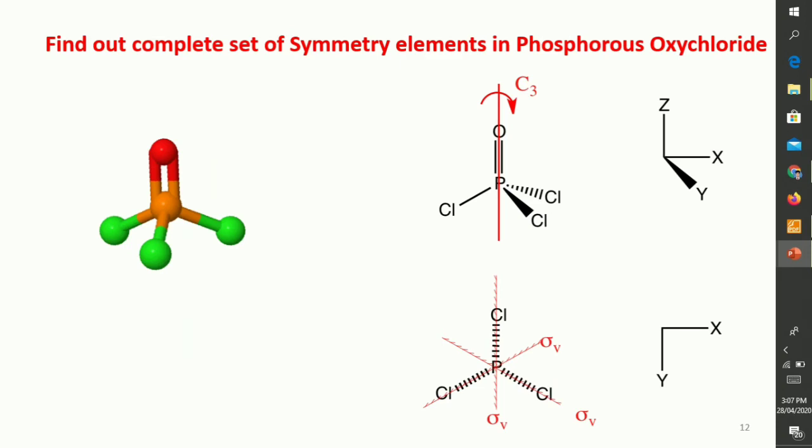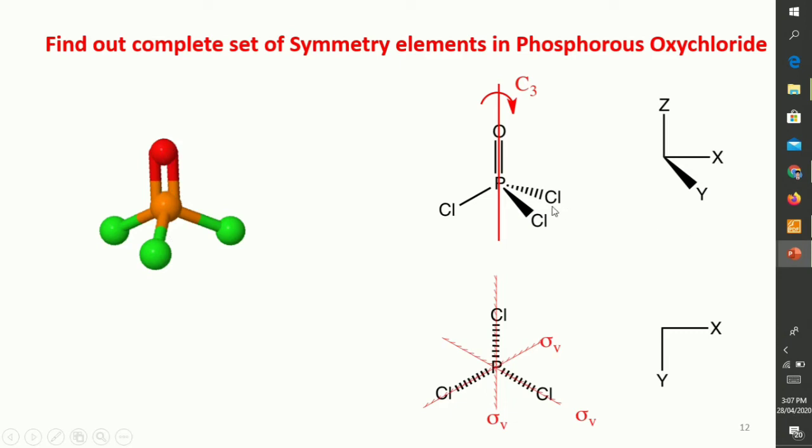Next is to find out the set of symmetry elements in phosphorus oxychloride, POCl3. So this is quite an interesting molecule, POCl3. It's similar to NH3, but we know that there is oxygen over there, and the structure of POCl3 is the rest same as ammonia. So from here we can see this, if this would be the axis of rotation, then there is a C3 in this molecule.